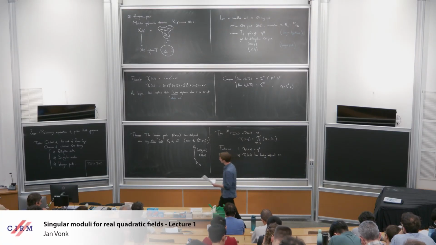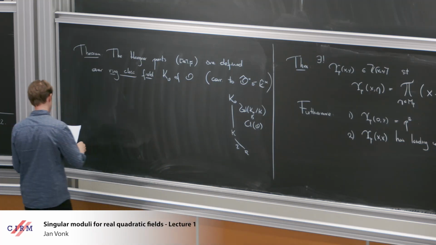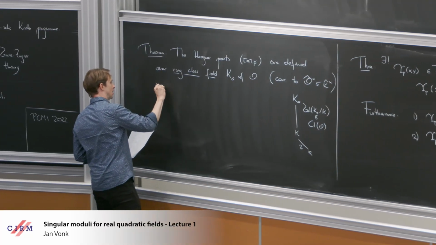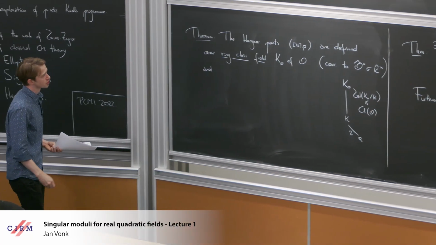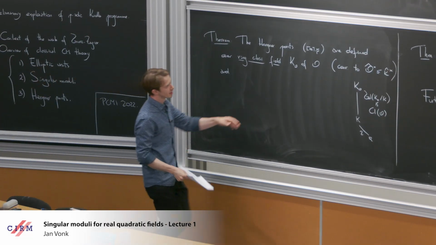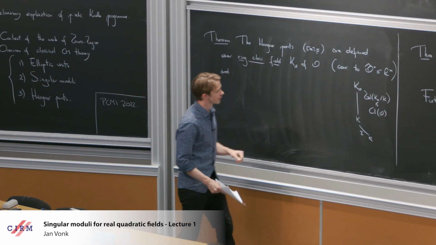Okay, so it's a specific extension that you know from class field theory. This extension is the field of definition of this, and if you like, you can take the maximal order in everything I've said, and then this is just a Hilbert class field.